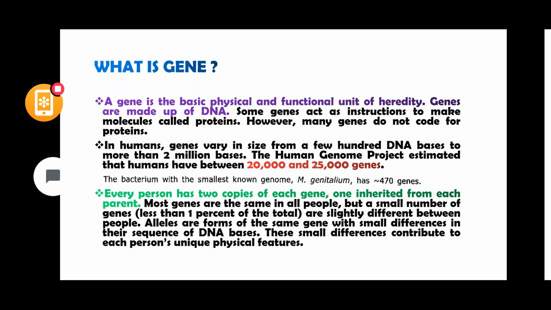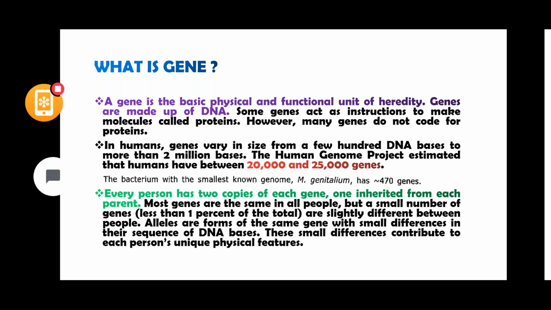Every person has 2 copies of each gene, one inherited from each parent. Most genes are the same in all people, but a small number of genes, less than 1% of the total, are slightly different between people. Alleles are forms of the same gene, and they produce small differences in the sequence of DNA bases.